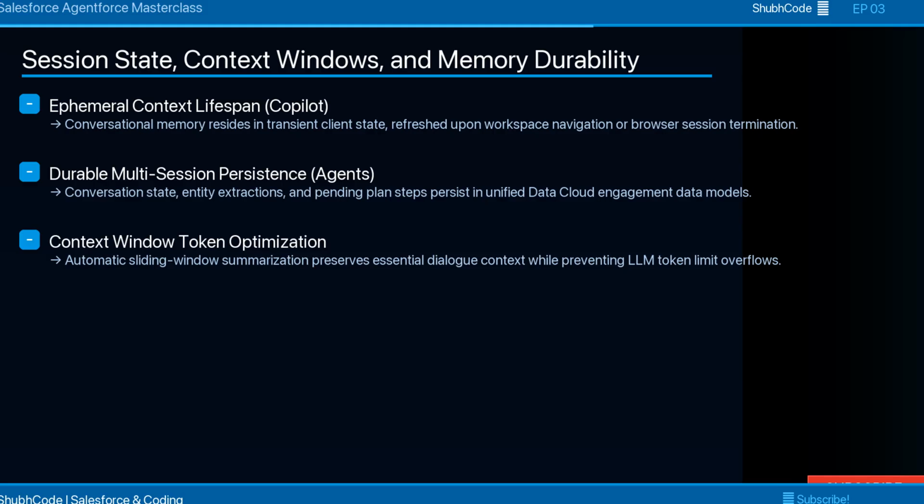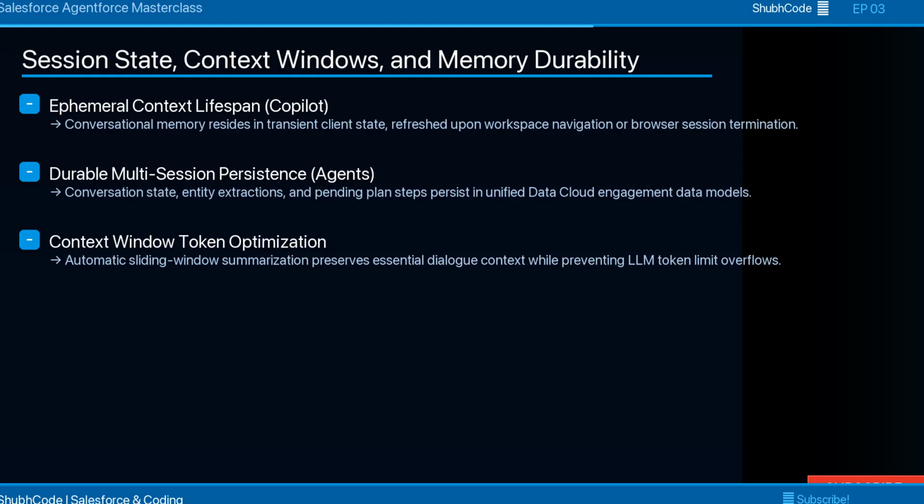If a customer chats via SMS, pauses for 3 hours, and resumes via web chat, the agent retrieves the unified conversation memory, resolved entities, and pending fulfillment tokens from Data Cloud. Mastering how context windows are trimmed, summarized, and hydrated from vector databases is vital for minimizing LLM token consumption while maintaining flawless continuity.